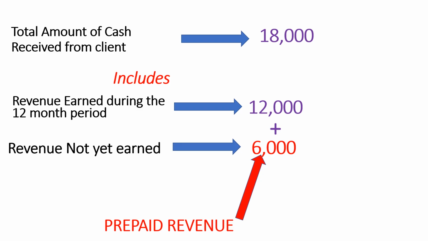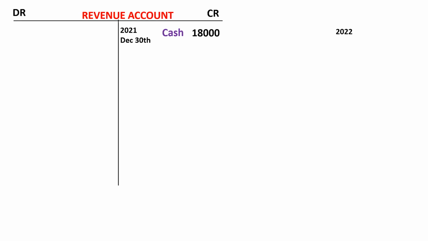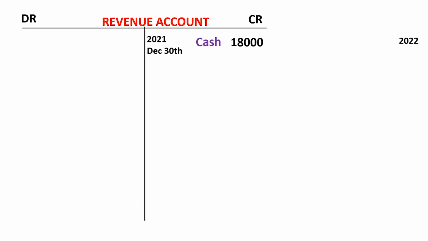This is our revenue account. It is reflecting 18,000 US dollars, and according to our accounting system, according to our policy, this client pays us $1,000 every month. So it means that in a 12 months period, it is $12,000 that we have earned.